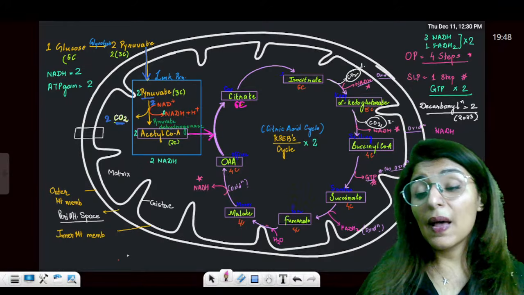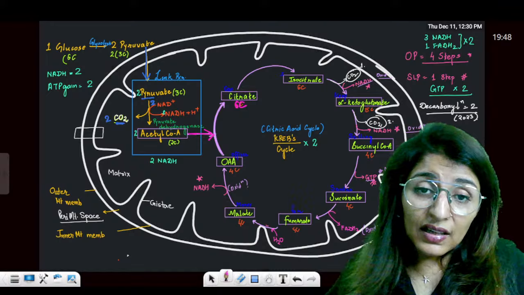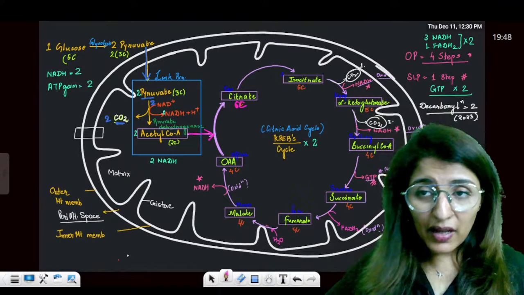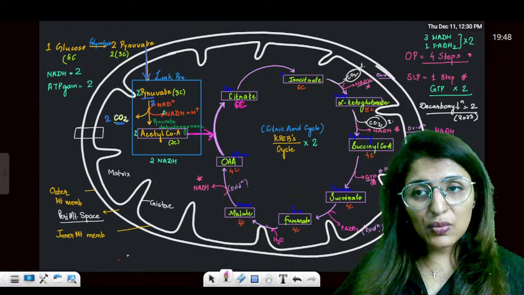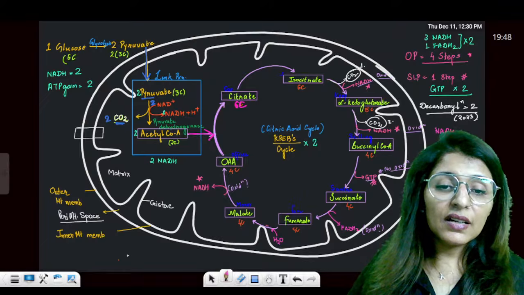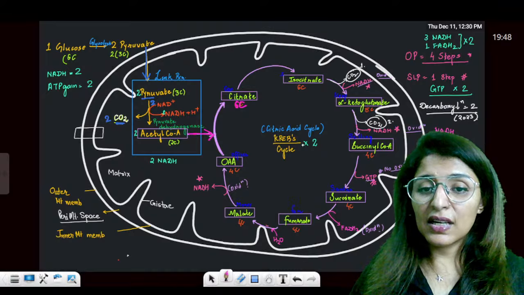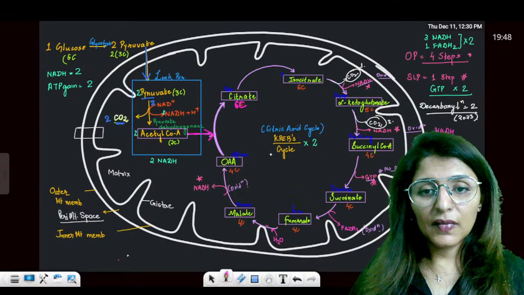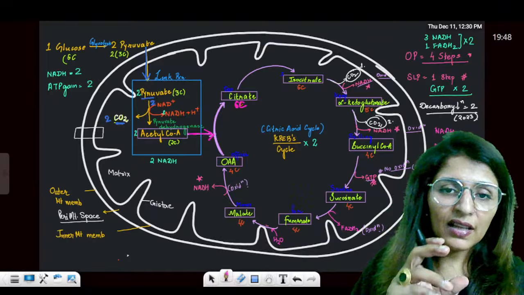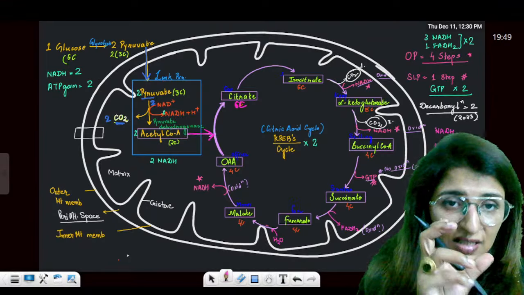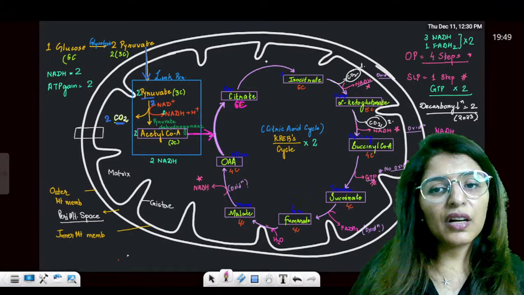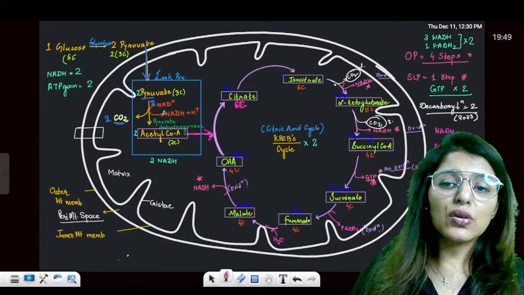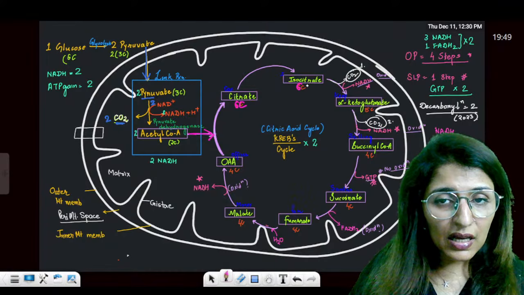The first compound of Krebs cycle is citrate, or citric acid, that is why we call it a citric acid cycle also. This is another name for Krebs cycle. So generally the name of the cycles is on the basis of the first stable compound formed. Now citrate will become isocitrate. Isocitrate is again a 6-carbon compound.